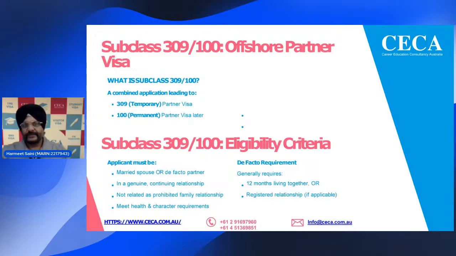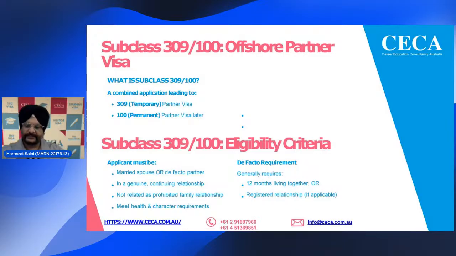You can also lodge this visa if you are not married but you are in a de facto relationship. De facto relationship means you are in a relationship with the sponsor and living with the sponsor for the last 12 months, or your relationship is legally registered. Then, without marriage, you are still eligible to apply for this class of visas, but you have to show the genuineness of that relationship.